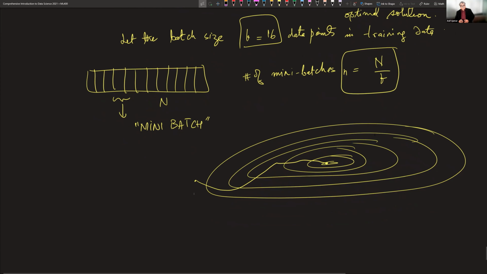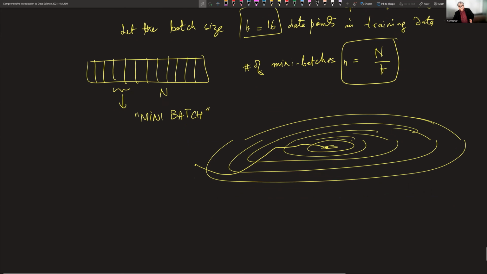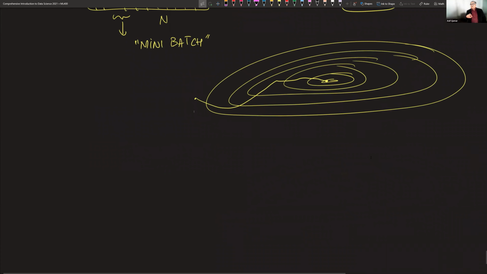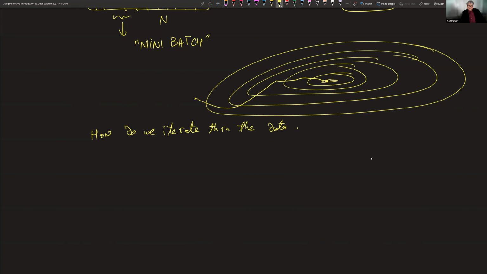Now, when you learn through the data, you might say, when do I stop, or how do I iterate through it? Do we iterate through the data? So we have a concept of an epoch.